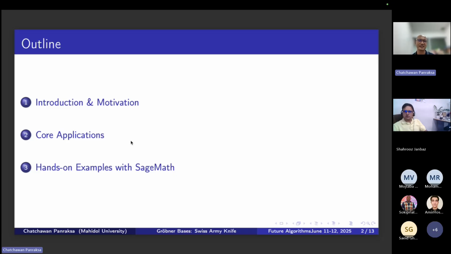SageMath is basically built on top of Python, so if you use Python already, SageMath is very convenient. If you don't know Python, it is a good starting point anyway, because there are so many functions in mathematics that you can use in SageMath. And it's free, you can use it without any subscription.